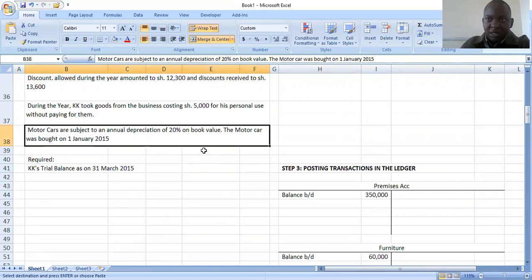So we cannot charge a full year's depreciation on this; we only charge a fraction of the year. Therefore, we charge 20% on the 18,000 for the old motor vehicles, and a fraction of the year for the additional motor vehicle at 20% of the book value.